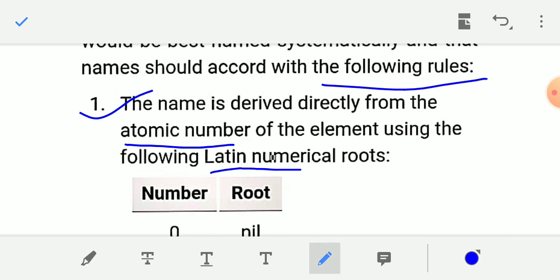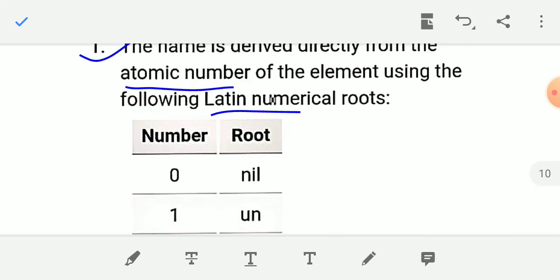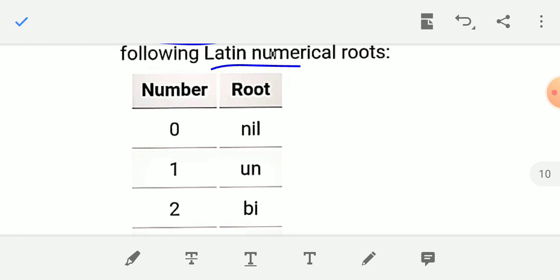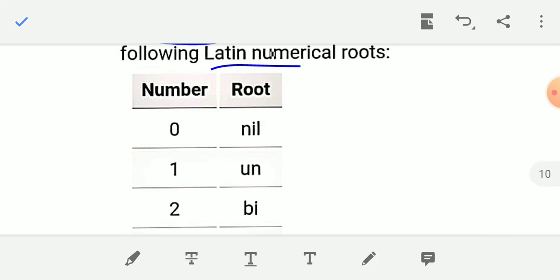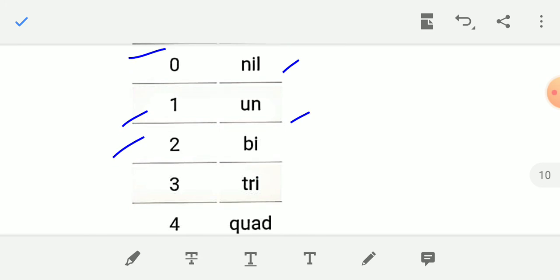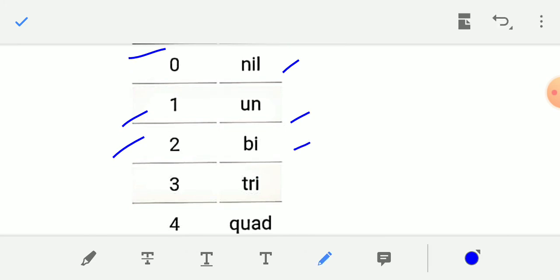If the number is 0, you have to use the root nil. If the number is 1, then you have to use the root un. If the number is 2, then you have to use bi, like this. For 3, tri. For number 4, you have to use the root quad.